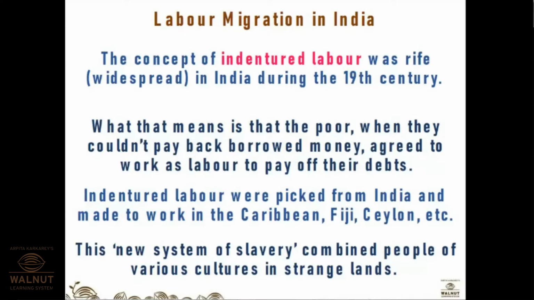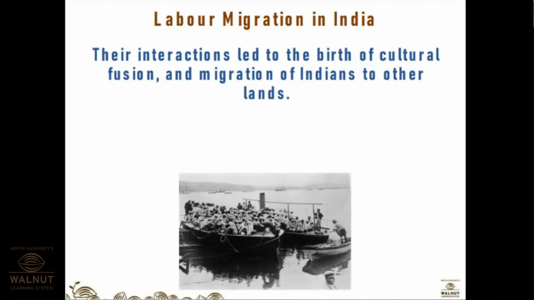So, an unknown land, and people from various cultures were put together. Their interactions led to the birth of cultural fusions. We can see in Malaysia and in Sri Lanka also, people whose origin is in India are seen there. This is just because of labor migration.